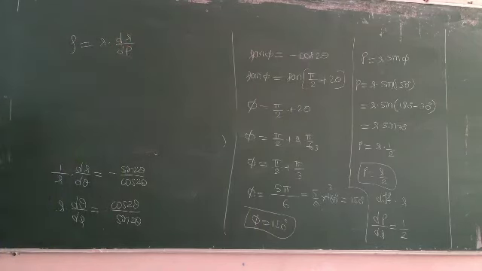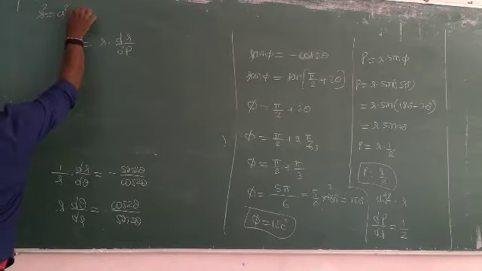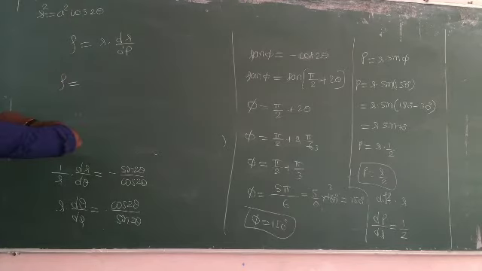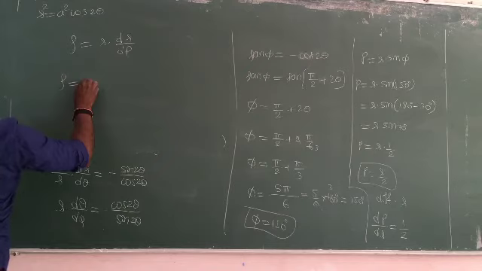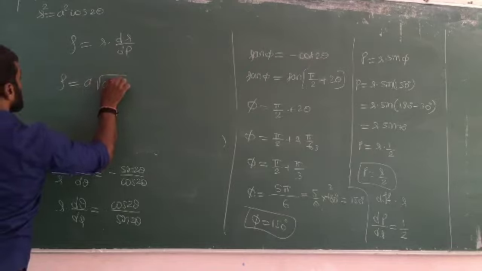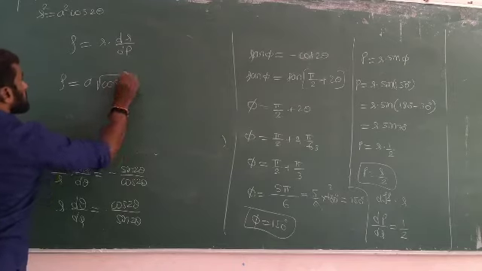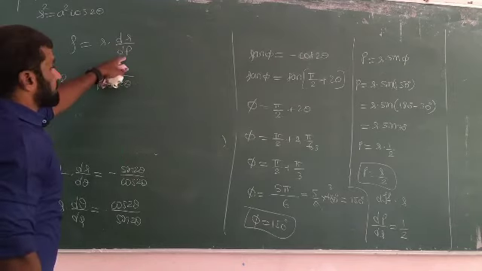So radius of curvature formula rho is equal to r, where r is given r square. So r square is equal to a square into cos of 2 theta. Right? So therefore r is equal to a into root of cos of 2 theta, into dr by dp.